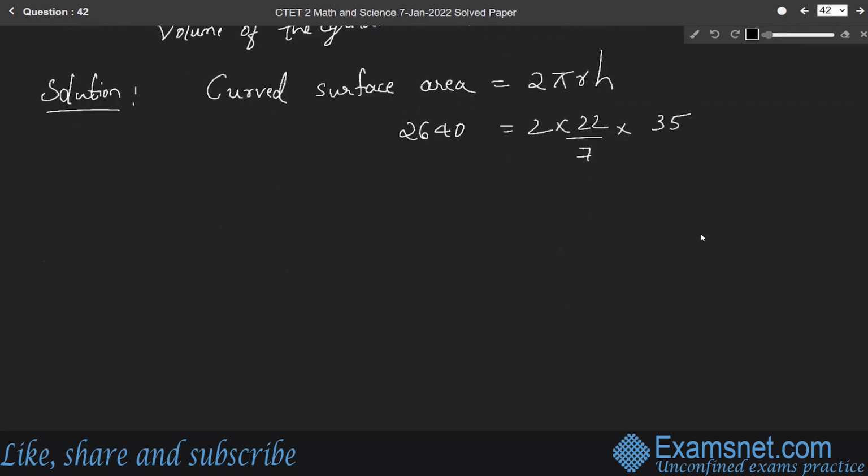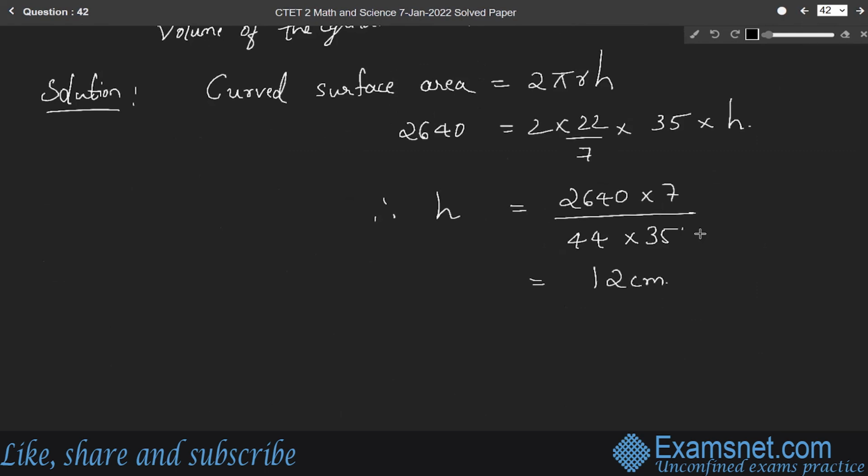Yes. And H we have to calculate. Therefore, H, height of the cylinder, is equal to 2640 into 7 by 22 into 2 is 44 into 35. So here after simplification we'll get H as 12 centimeter.